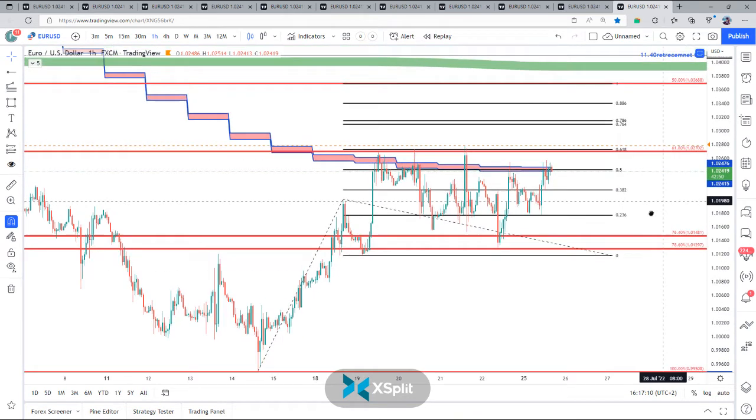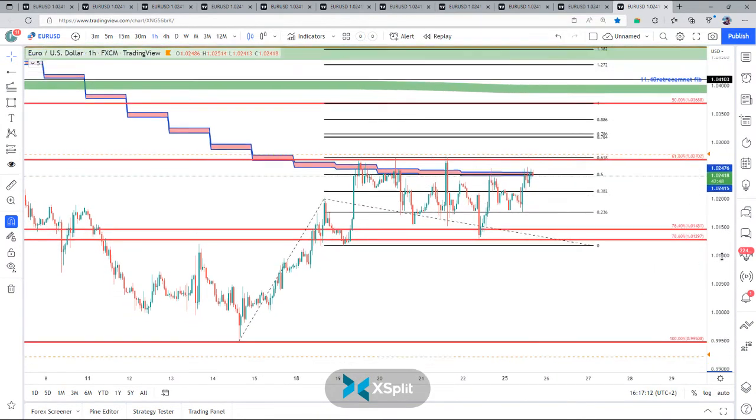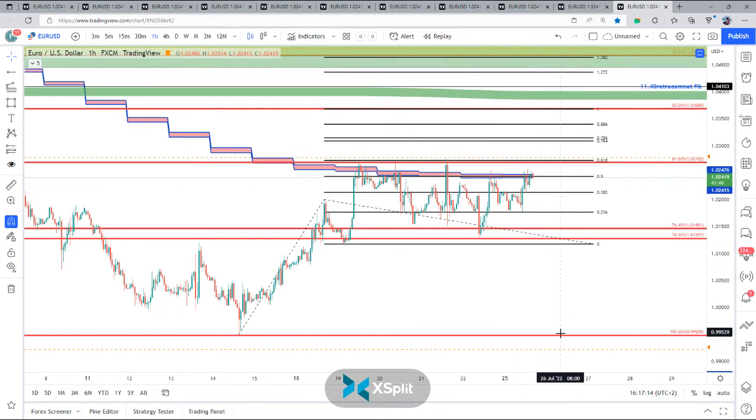The FOMC can, of course, go much lower if we have a very big surprise with a very big hike. If they do it, that would really not be very reasonable, I think, but they can do it.